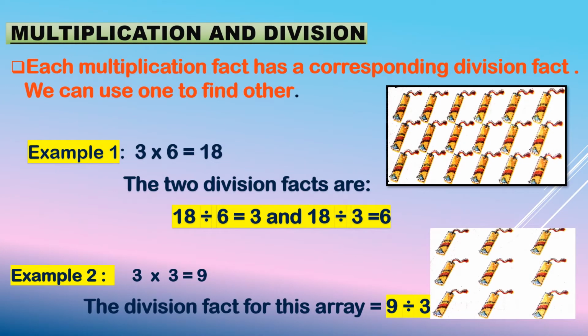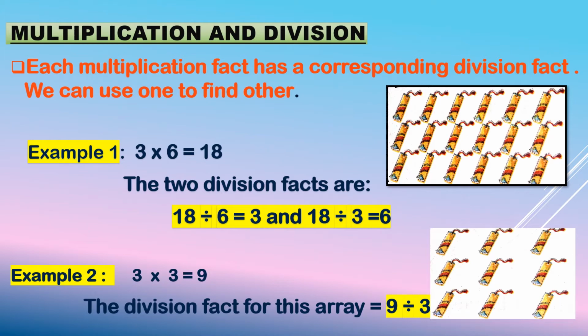Let us understand the relationship between multiplication and division. Each multiplication fact has a corresponding division fact. We can use one to find the other. Let us understand through an example. This is an array of 3 groups of 6.